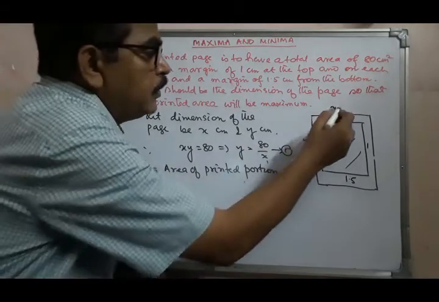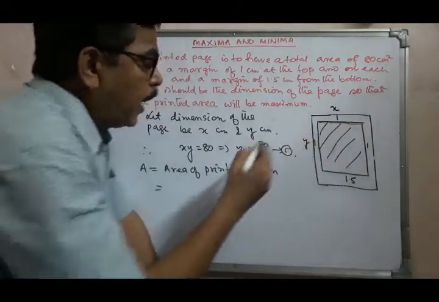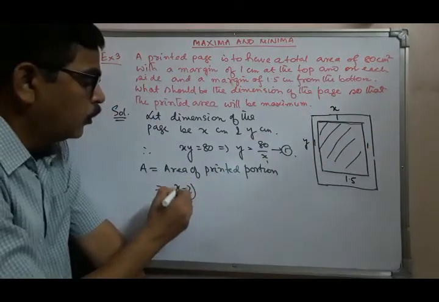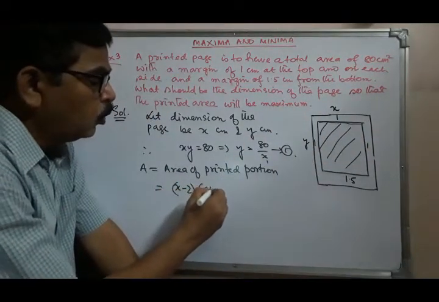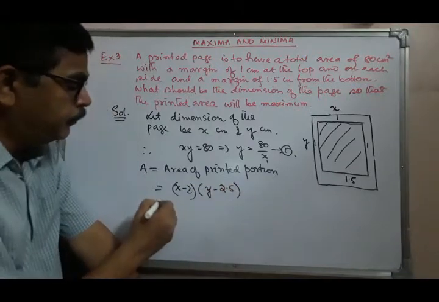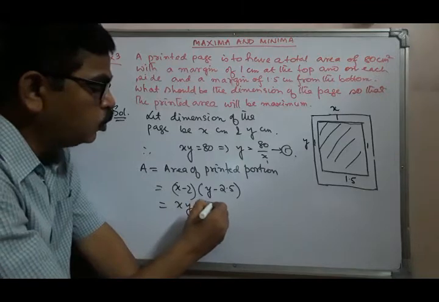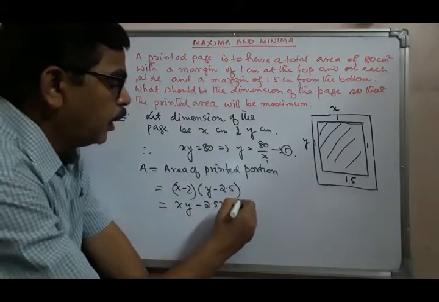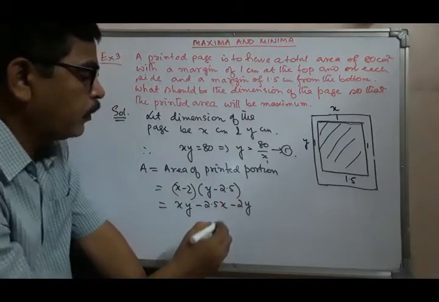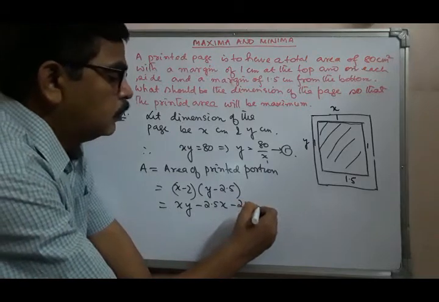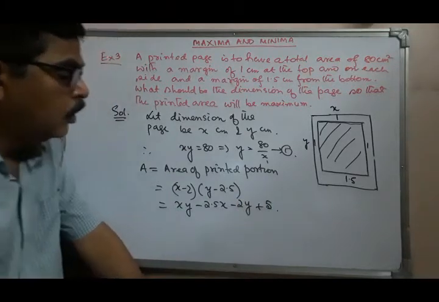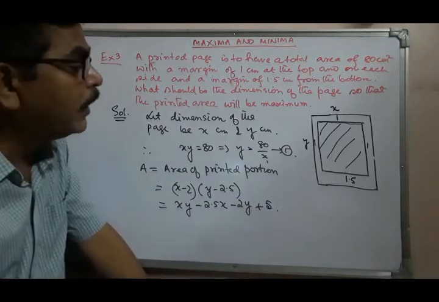So therefore if it is x, the length will be x minus 2 and into y minus 2.5. As a result, xy minus 2.5x minus 2y plus 5. So we are replacing y by 80 by x.